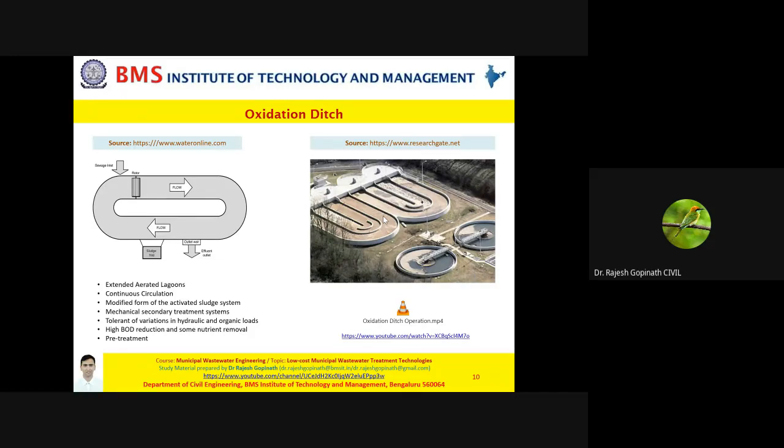Now please remember, unlike your conventional treatment where you talk about screens and grit chambers, equalization basin, a skimming tank, when it comes to your oxidation ditch, the only pre-treatment typically used is the bar screen. I will repeat this. Before the wastewater enters the oxidation ditch, it must pass through a bar screen to remove all the large sized floating matter.